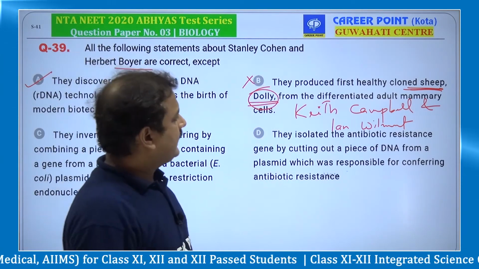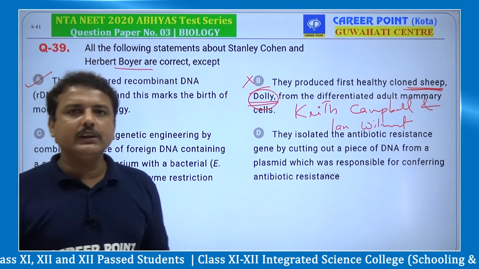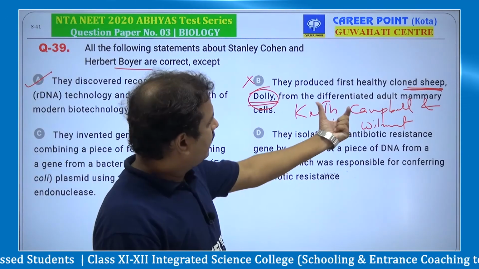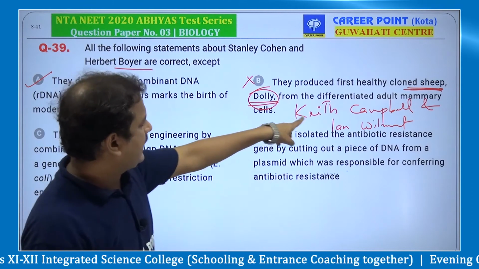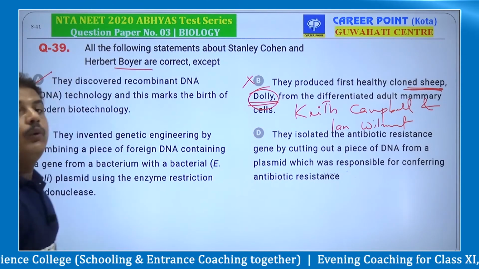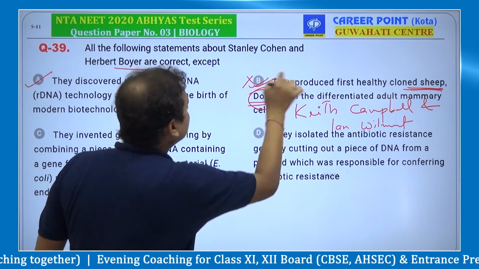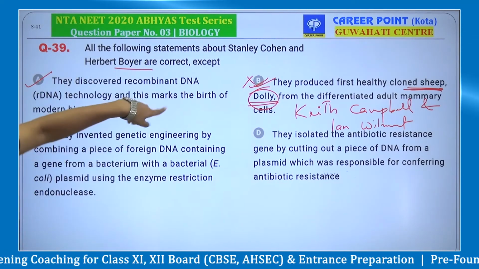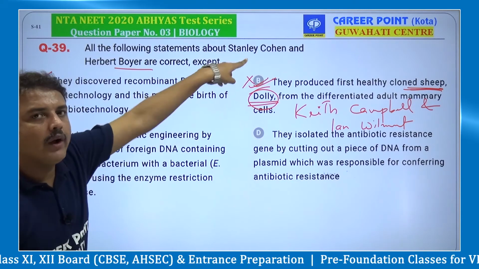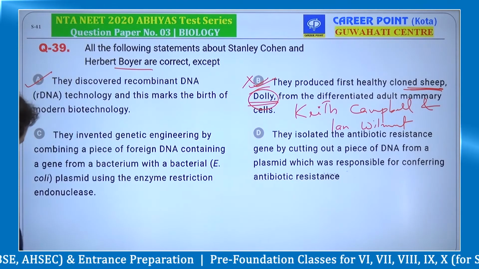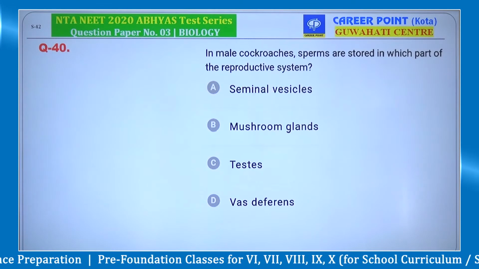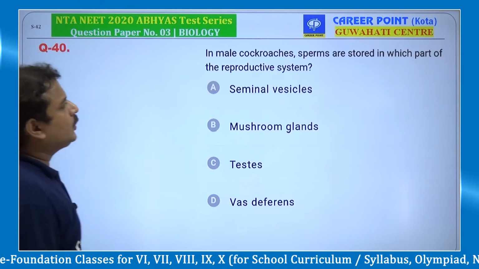In that biotechnology institute, they first produced the clone sheep Dolly. So that was Keith Campbell and Ian Wilmot. So now here the answer is B, because B is not done by Cohen and Boyer.